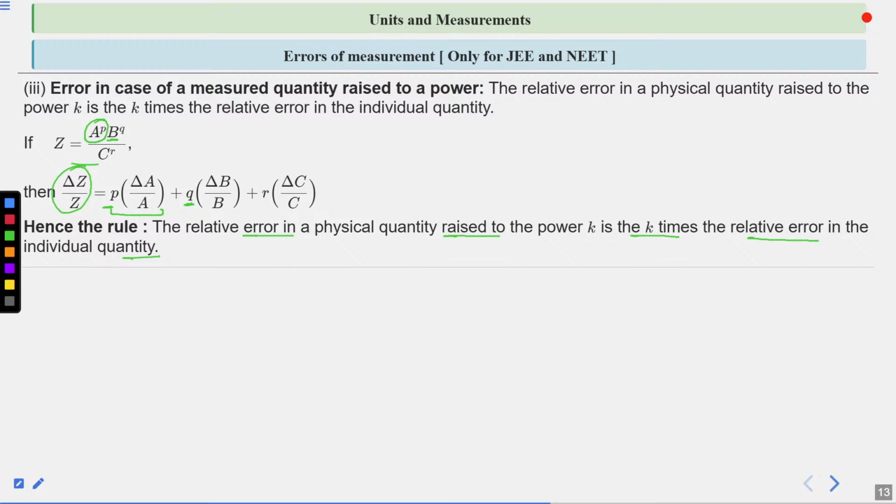So b can be written delta b divided by b, plus the next term is c raised to the power r. So r multiplies with delta c divided by c. So this is the form of the relative error if the given quantity is like this. This one is clear?